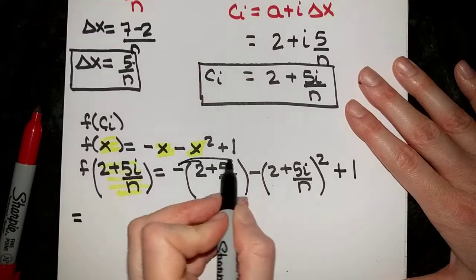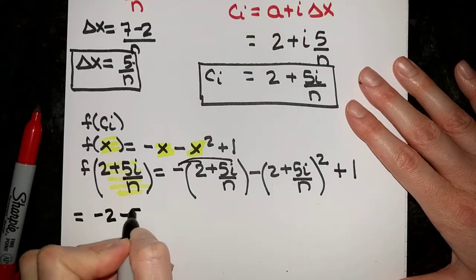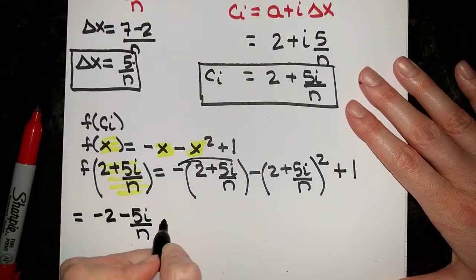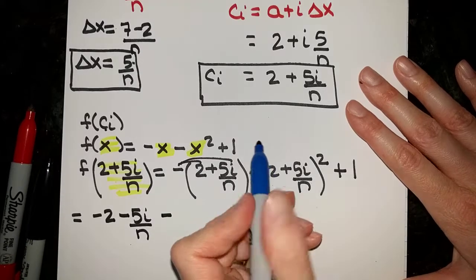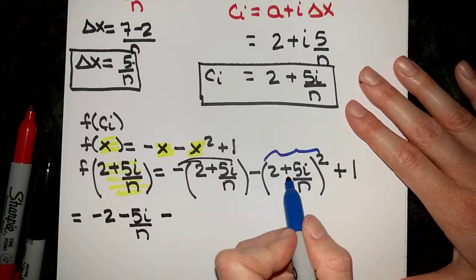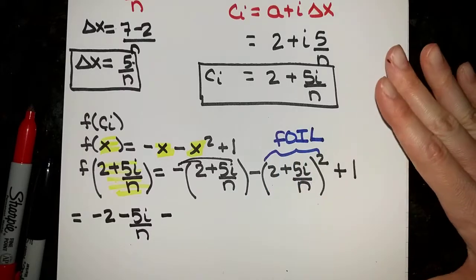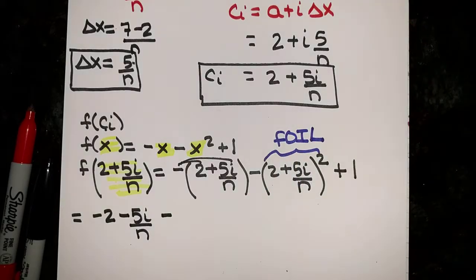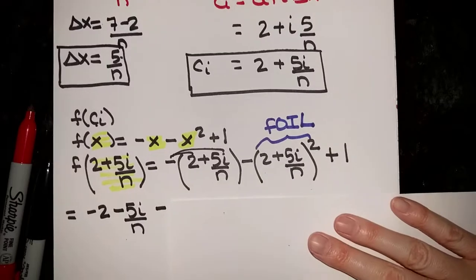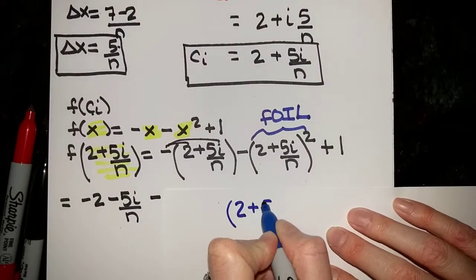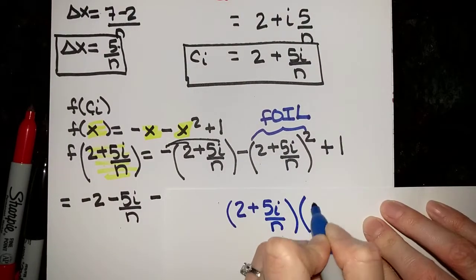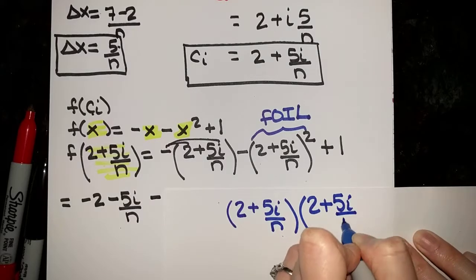So I distribute the negative to get negative 2 minus 5i over n minus. Now, this term here, because I have two terms inside that parentheses, I am going to have to FOIL that out. And that is going to be a little bit of a project, so I'm just going to do that over to the side here. So I will have 2 plus 5i over n times 2 plus 5i over n.